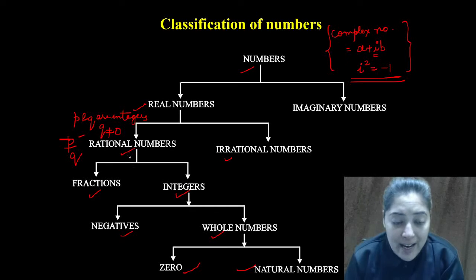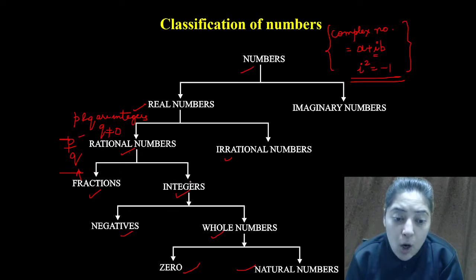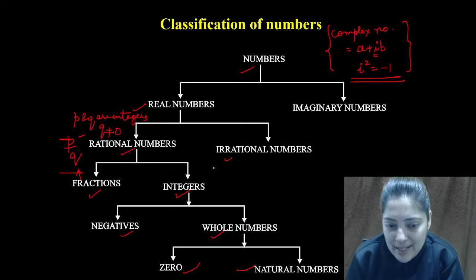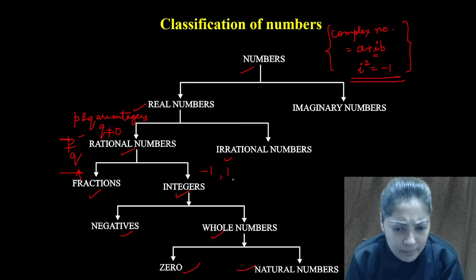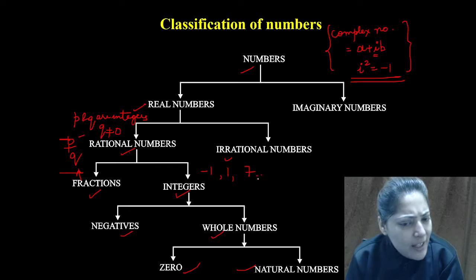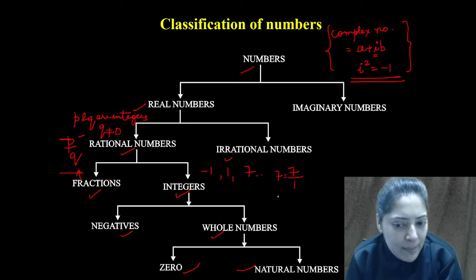So अब देखो rational numbers के भी सब parts क्या है? Rational numbers, it is a fraction, as I said, p by q की form का, और integers. Now see guys, integers आपके क्या होते हैं? -1, 1, 7, these all are your integers. अब मैं 7 को, how can I write 7? 7 is equal to 7 by 1.